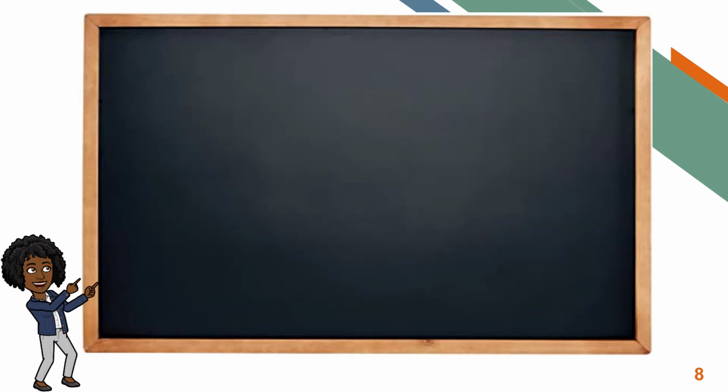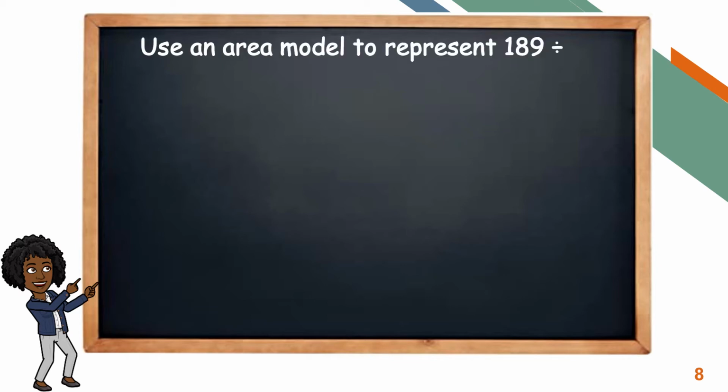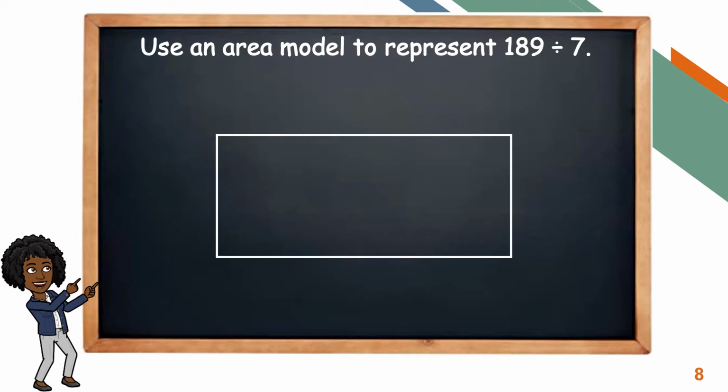For this example, we will use an area model to represent 189 divided by 7. We begin with the rectangle. Inside, we know the total has to represent 189, and the length of one side has to represent 7. We are going to use multiplication to help us figure out what goes on top of the rectangle. We can start by multiplying to get as close as we can to 189.